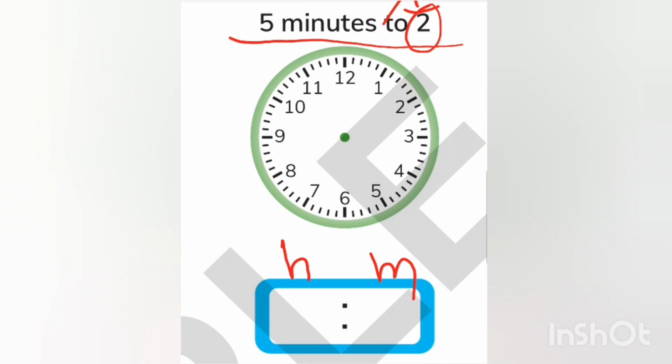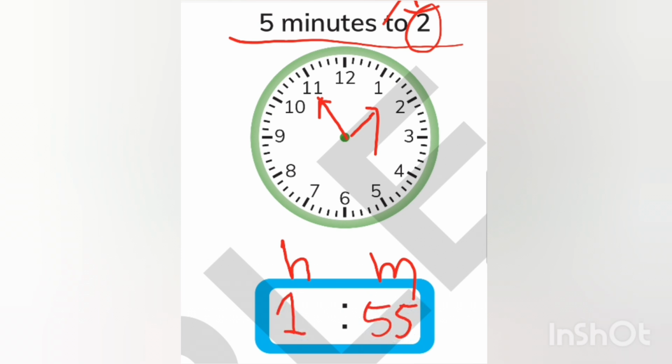Now I think this concept is clear to you, that 5 minutes to 2 means 5 minutes are remaining to 2 o'clock. So the big needle will go here and the small needle will be in between 1 and 2. Means after 5 minutes there will be 2 o'clock, but right now this is not 2 o'clock.